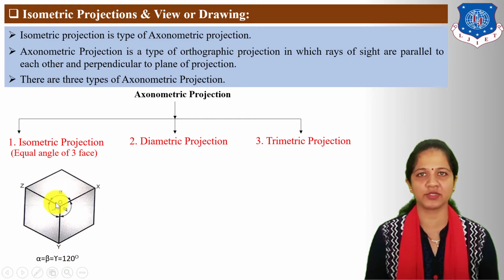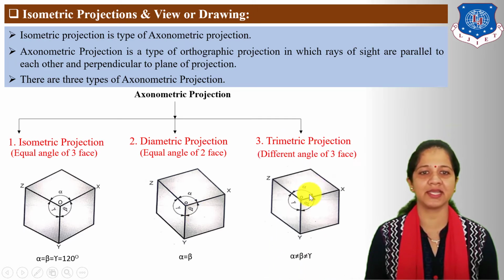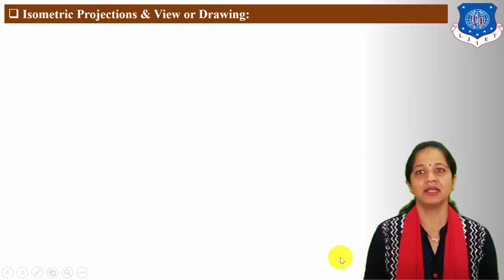So in isometric projection, three faces are equally inclined with each other and inclination is 120 degree. In dimetric projection, you can see here equal angle of two faces. Here alpha is equal to beta. In trimetric projection, you can see here different angle of three faces. So alpha is not equal to beta is not equal to gamma.